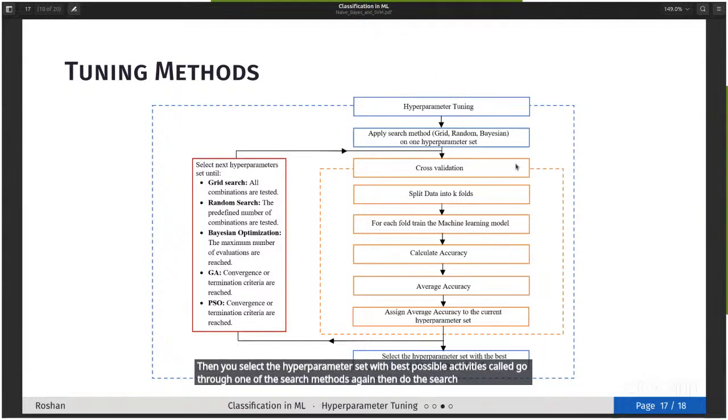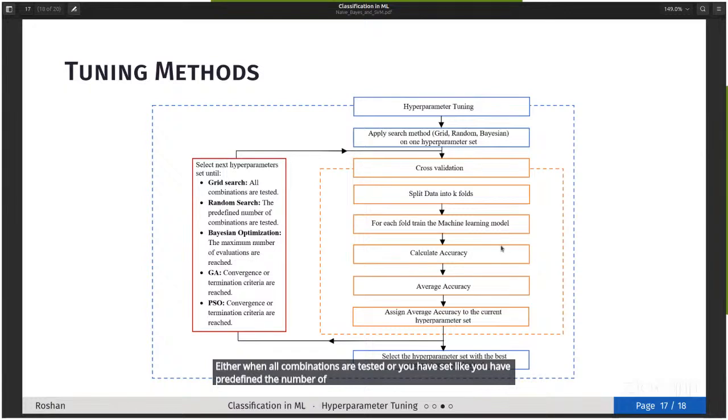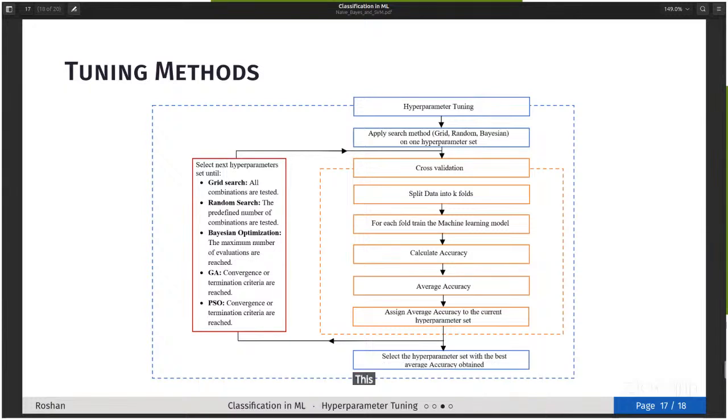Okay, this whole thing keeps repeating, either when all combinations are tested or you have predefined the number of trials that you are going to do. Let's say I want to test only 100 hyperparameter combinations, so the loop keeps on going until it reaches that limit. Okay, this is all about hyperparameter tuning.